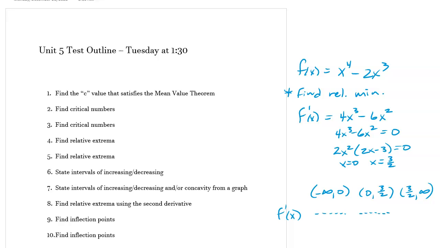If I plug in 10, I'd get 4,000 minus 600, which would be positive. And are you guys okay with where I'm getting the minus and plus signs from? By plugging in numbers in each section.